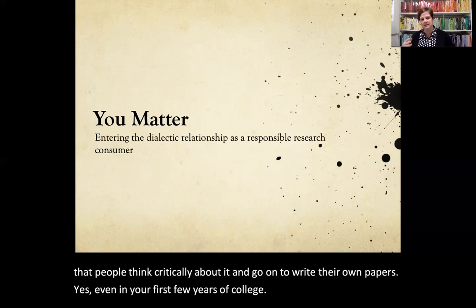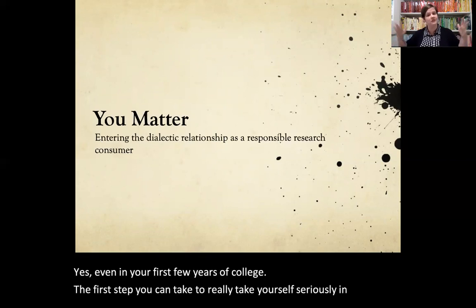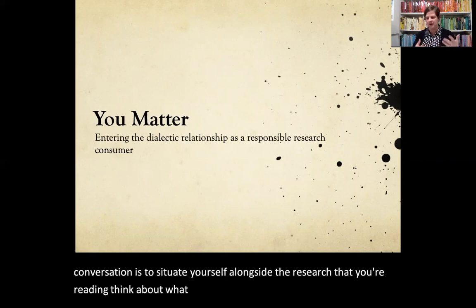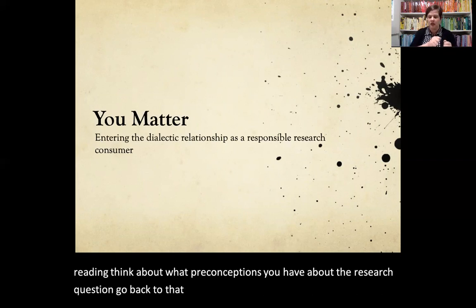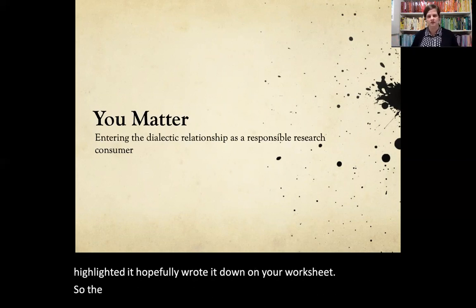The first step you can take to really take yourself seriously in this conversation is to situate yourself alongside the research that you're reading. Think about what preconceptions you have about the research question. Go back to that research question you found. You probably highlighted it. Hopefully you wrote it down on your worksheet. The researcher asked a question. What was it?